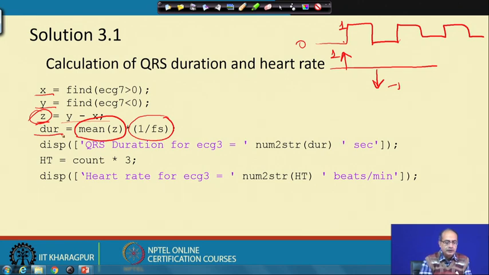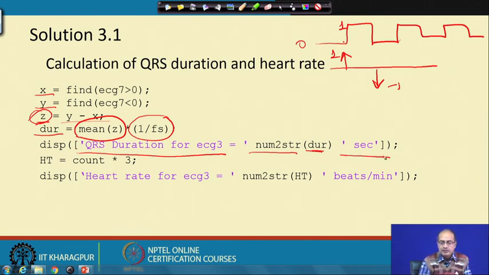Okay. So, here we now go for the display, the QRS duration of the ECG 3. For that we need to convert that number DUR from number to string.